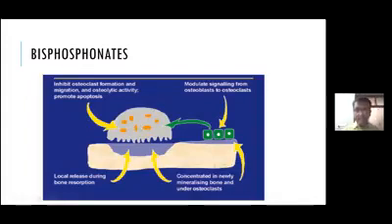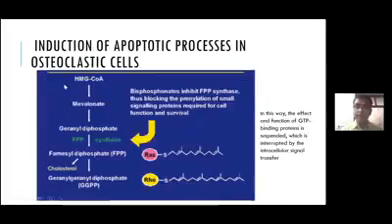Bisphosphonates, when we take them, are concentrated in the newly mineralized bone under the osteoclast, and they modulate the signaling from the osteoblast to the osteoclast. There is local release whenever there is bone resorption. What they do is inhibit osteoclast formation, migration, and osteolytic activity, and promote apoptosis.